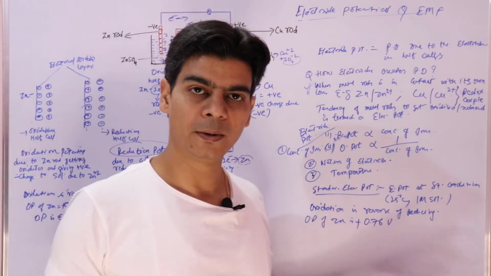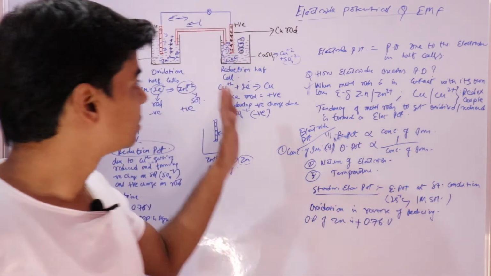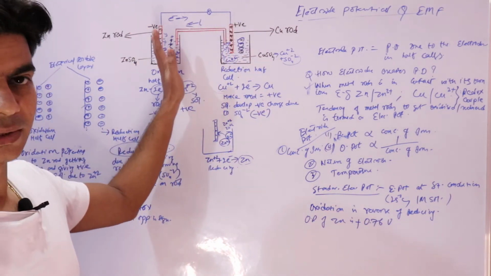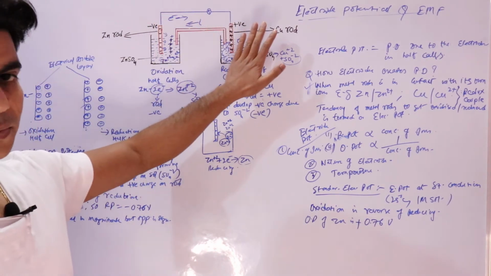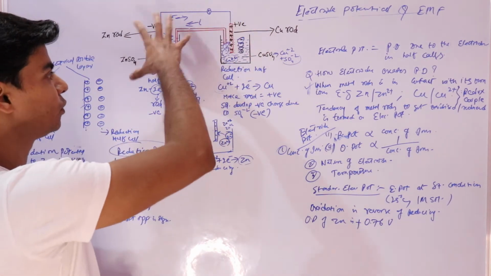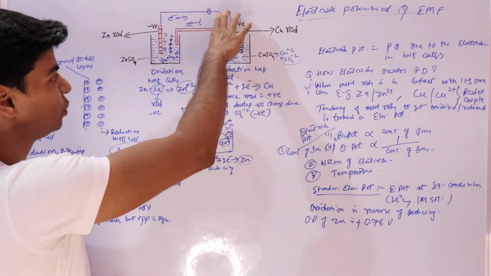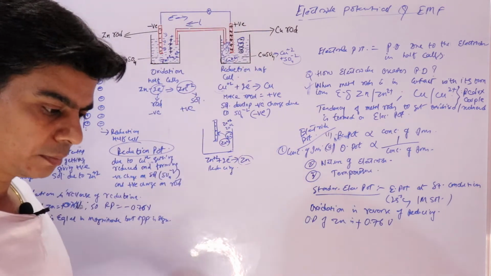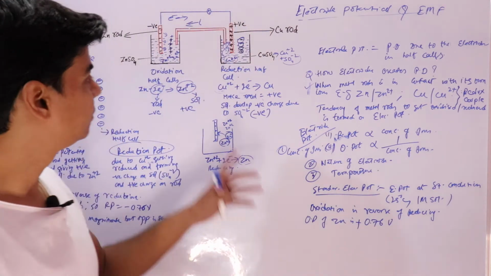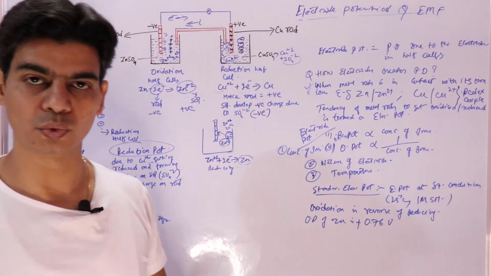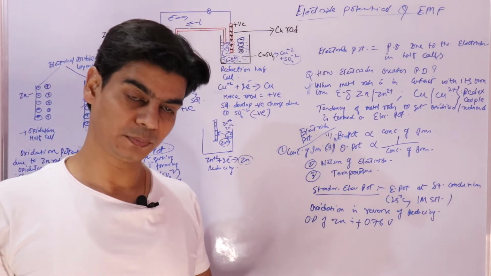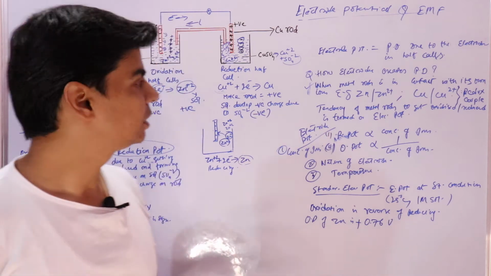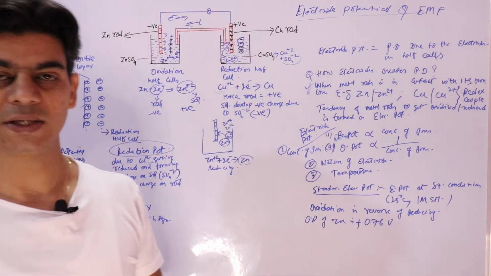These rods have opposite charges, due to which there is a potential difference between these two, and it is due to this potential difference that current will flow in this cell.